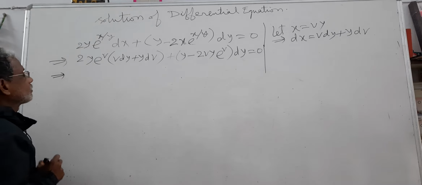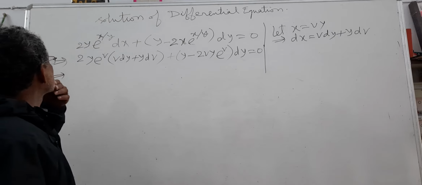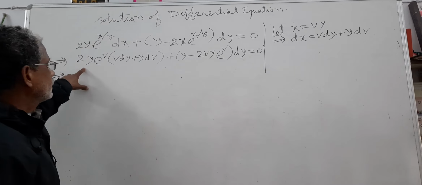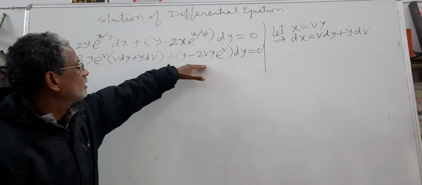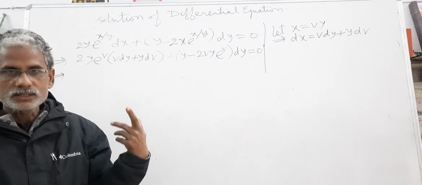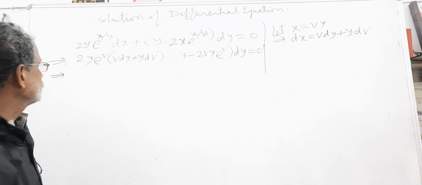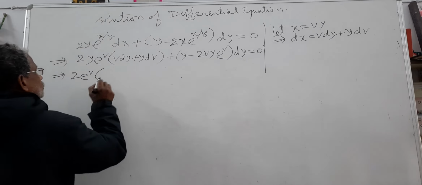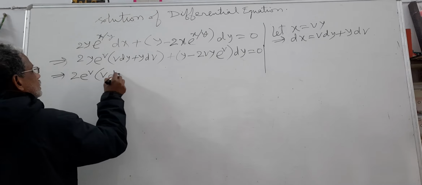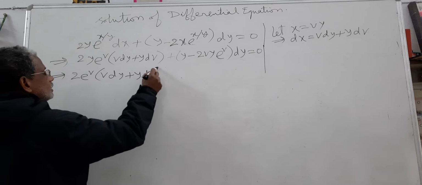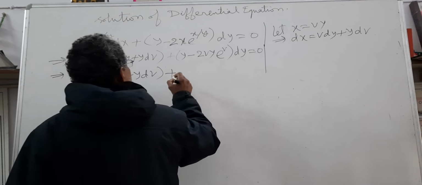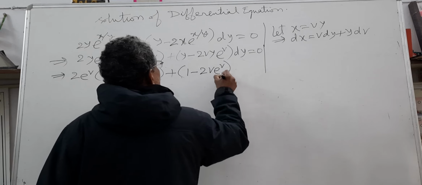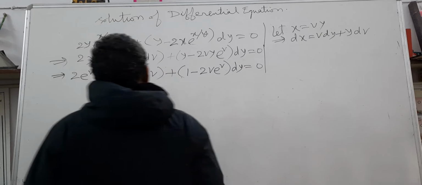This implies take y common from this bracket. Y is present throughout, so send it to the right side, 0 upon y becomes 0. Therefore this becomes 2 e to power v into (v dy plus y dv) plus (1 minus 2v e to power v) dy is equal to 0.